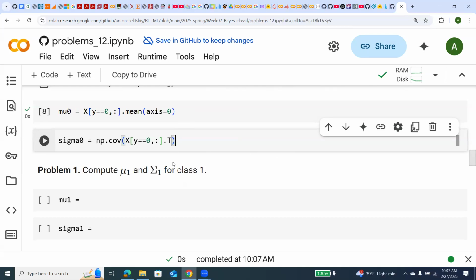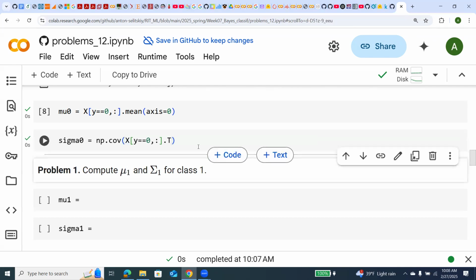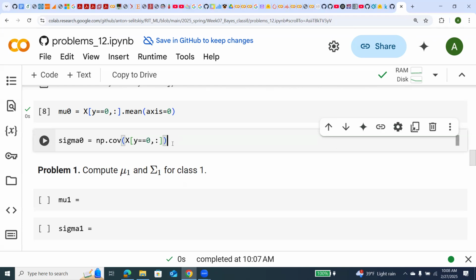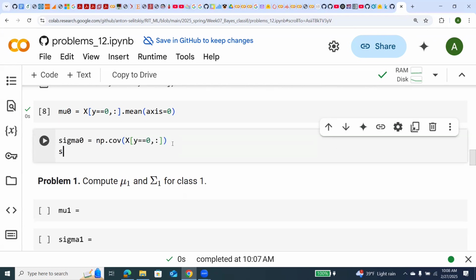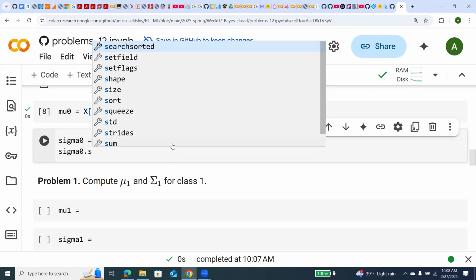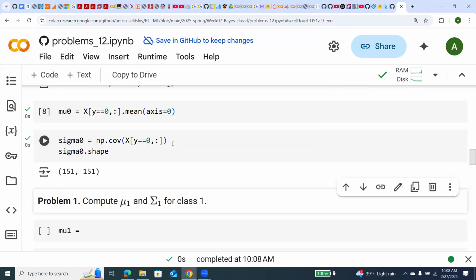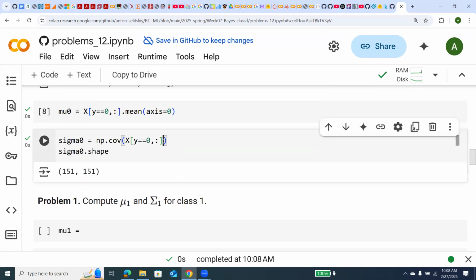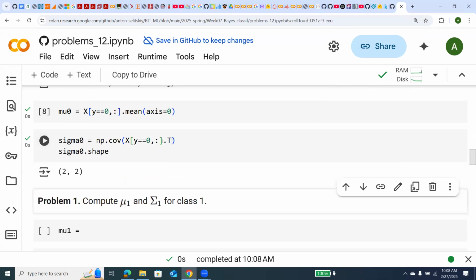But our shape should be 2 by 2 because we have 2 dimensions. If you don't use transpose, then the shape will be weird. If you use transposition, the shape will be as expected: the number of dimensions times the number of dimensions.